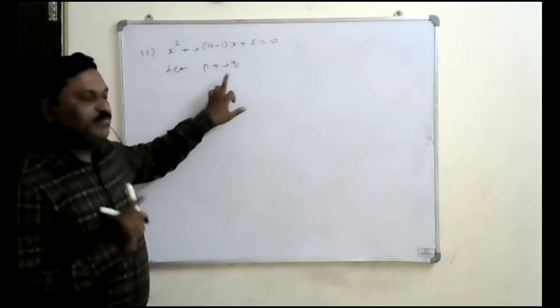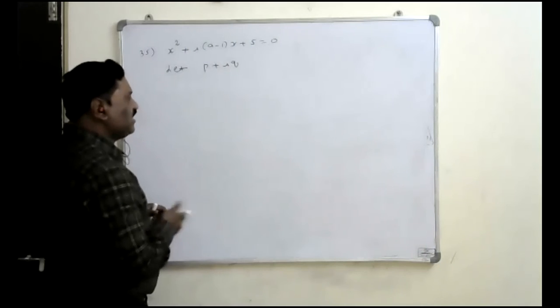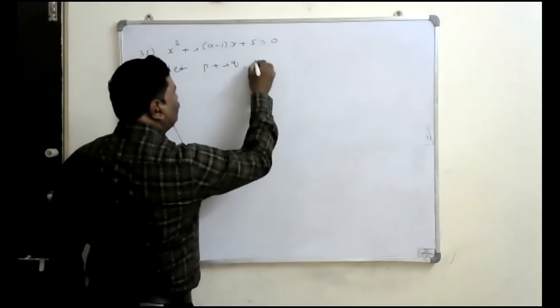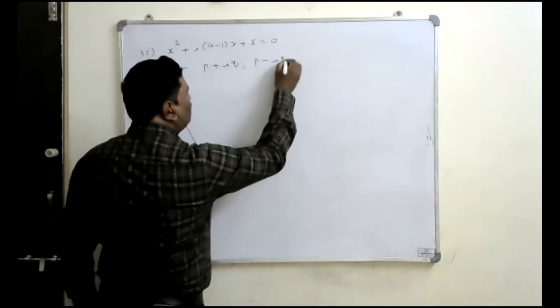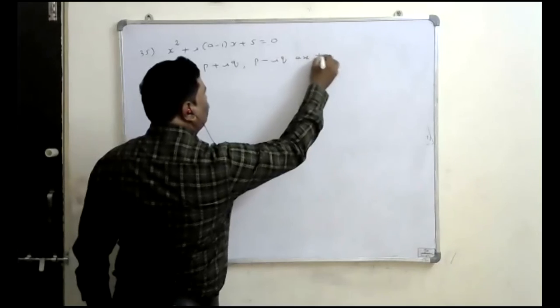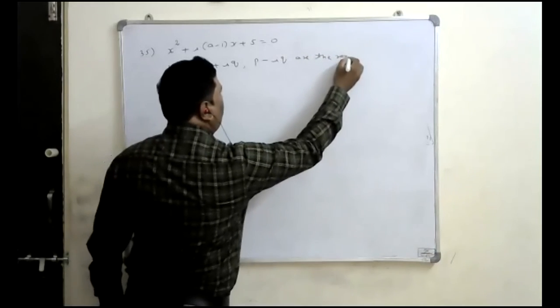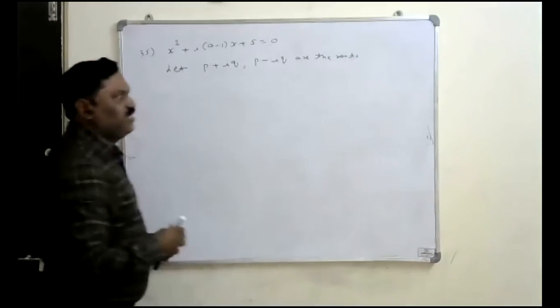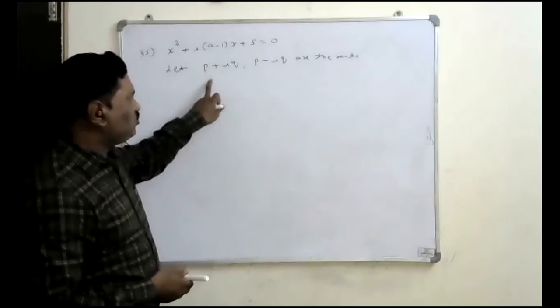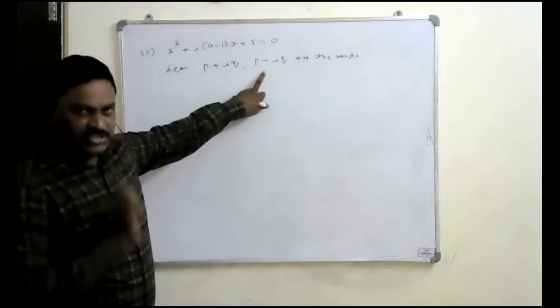So I will take one complex number as p plus iq. Then tell me what is the other root? p minus iq. They are saying that a pair of conjugate complex roots exists, so let us assume these two are the roots of that equation.